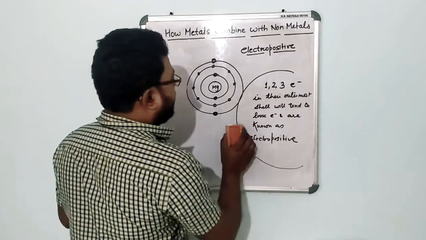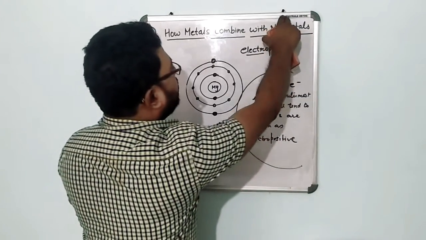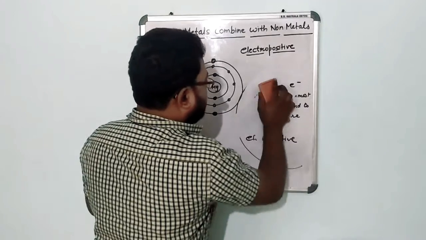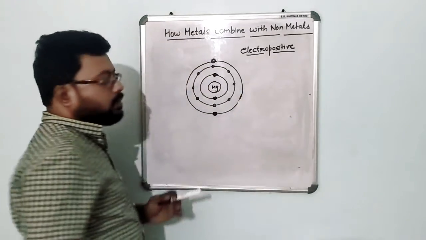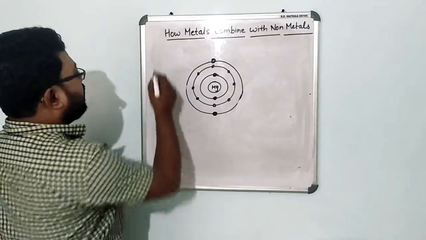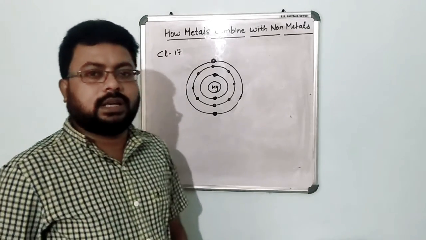Well, now let us just take an example of chlorine. Okay, let us take an example of chlorine now. So I am just removing this from here. Now what happens with chlorine? Chlorine's atomic number is 17.